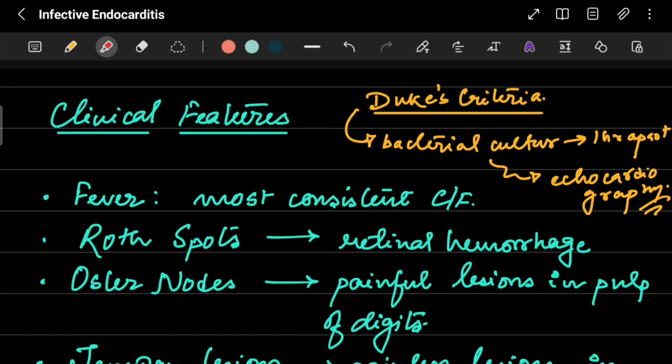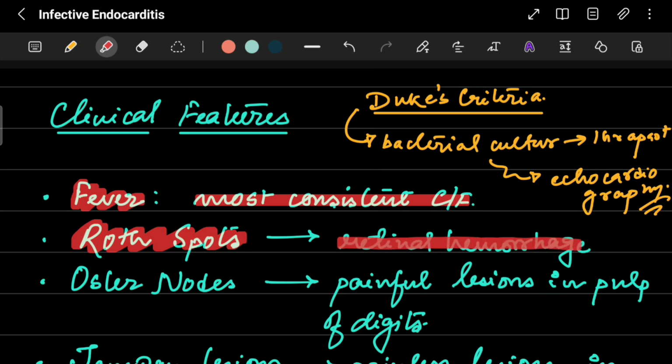Now let us talk about the clinical features that we just saw in the text from Robbins. Fever turns out to be the most consistent clinical feature. We have talked about Roth spots. Now what are Roth spots? These are retinal hemorrhages. We have talked about Osler nodes. These are painful lesions in the pulp of the digits.